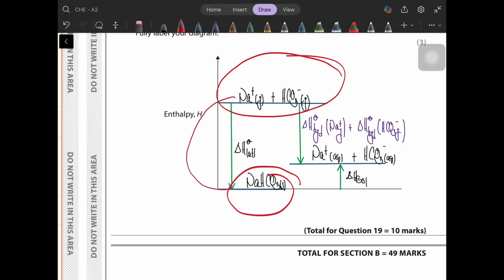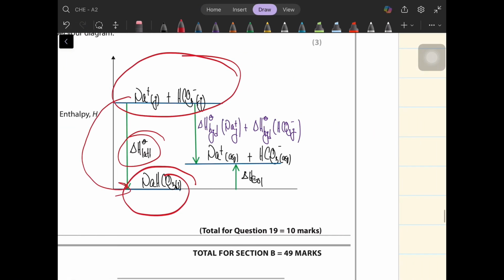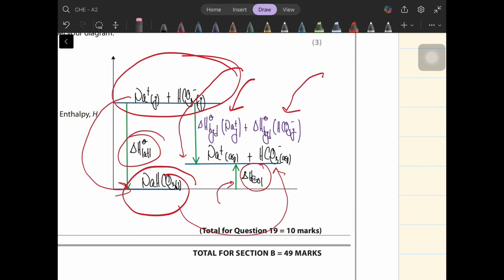So gaseous ions to solid, this is delta H lattice, and from the solid to aqueous ions, this is going to be your delta H solution, and as it is an endothermic reaction, the arrow is going to be going upwards, right? And from gas to aqueous, this is going to be the enthalpy of hydration, right? First you have to write this separately for the cation and for the anion.